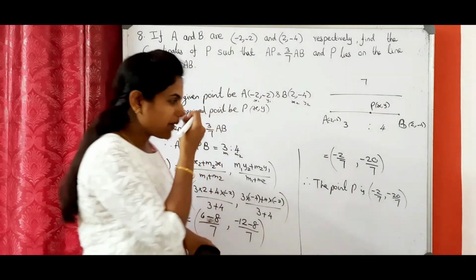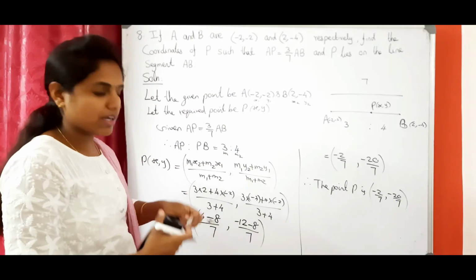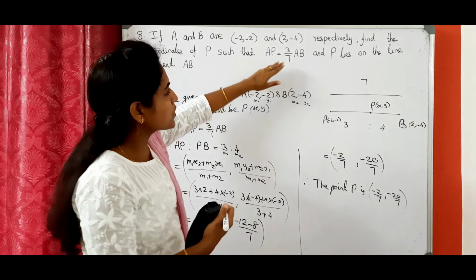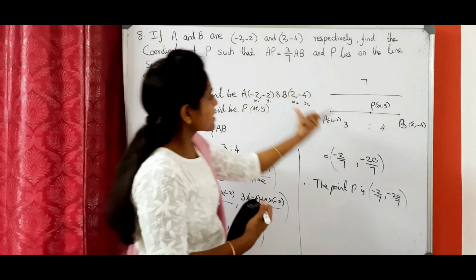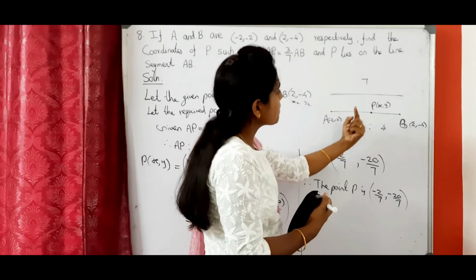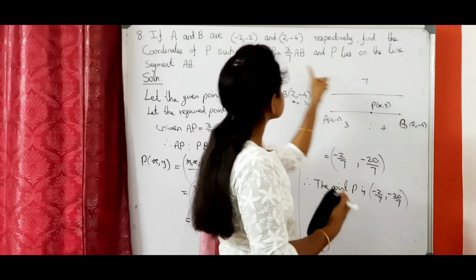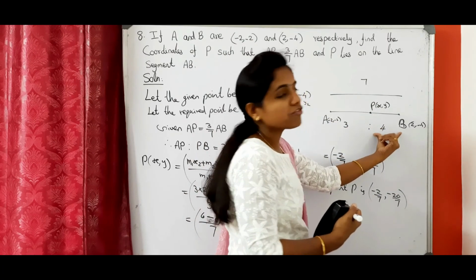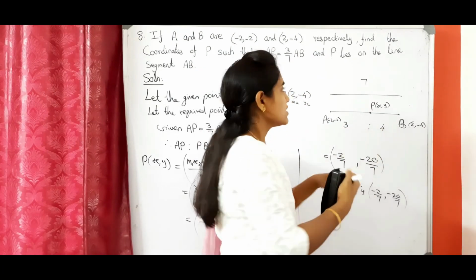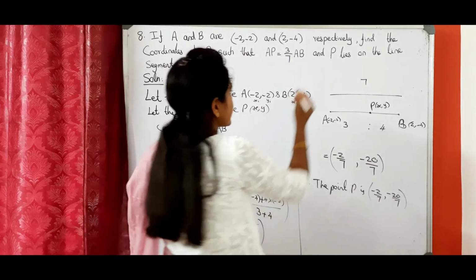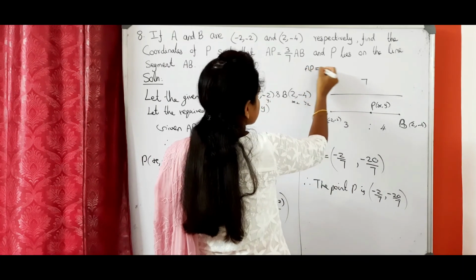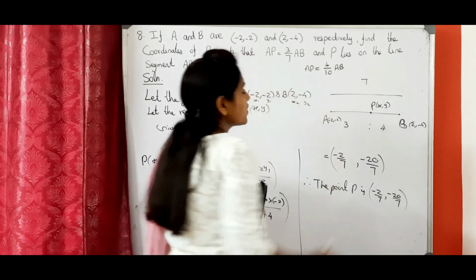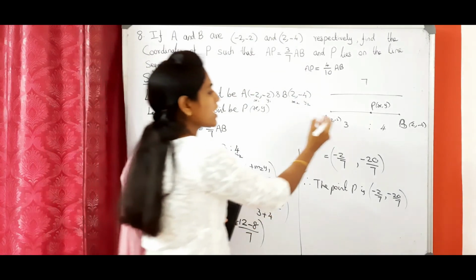Listen. Here, for the normal section formula, the only thing you have to know is how to find the ratio. They gave AP equal to 3/7 of the whole distance. The whole distance is 7, so AP equals 3 and BP equals 7 minus 3, which is 4. Suppose the same question was given with AP equal to 4/10 of AB. How can we find the ratio?